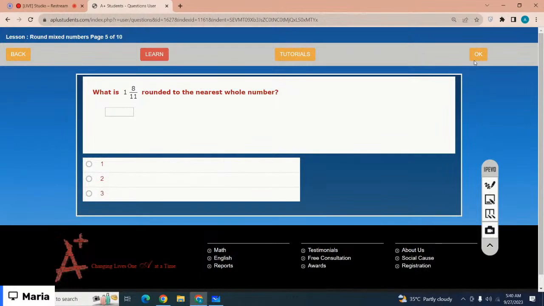Okay, 1 whole 8 over 11. 8 out of 11, 8 are so many portions. 8 out of 11 is greater than 1 by 2, right? So 1 whole 8 over 11 is rounded off to 2. The correct option is 2.